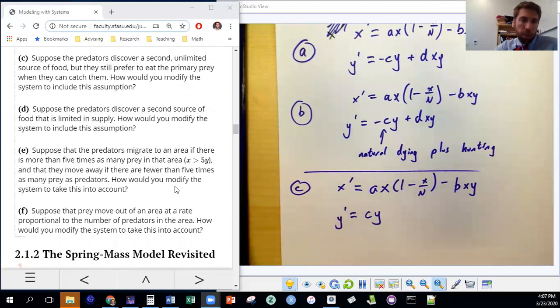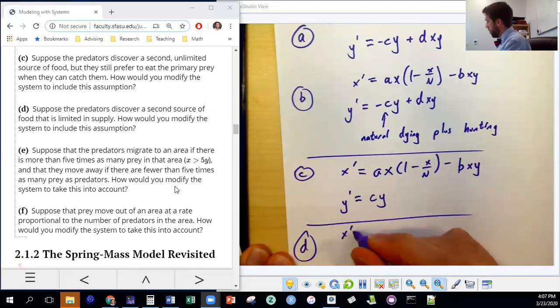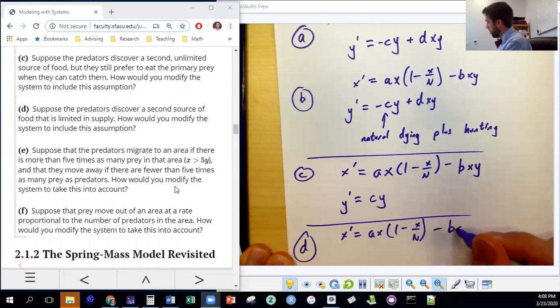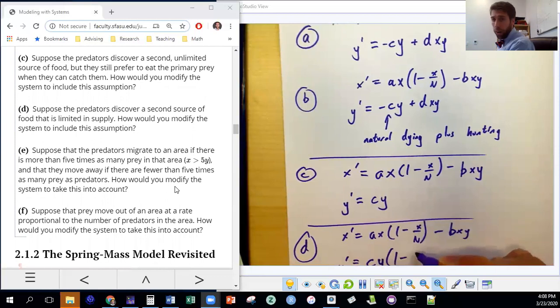Okay, what about D? Suppose the predators discover a second source of food that is limited in supply. How would you modify the system to include this assumption? So part D, I'd have x prime equals ax times 1 minus x over n minus bxy, and then y prime equals cy times 1 minus, what should be our carrying capacity?